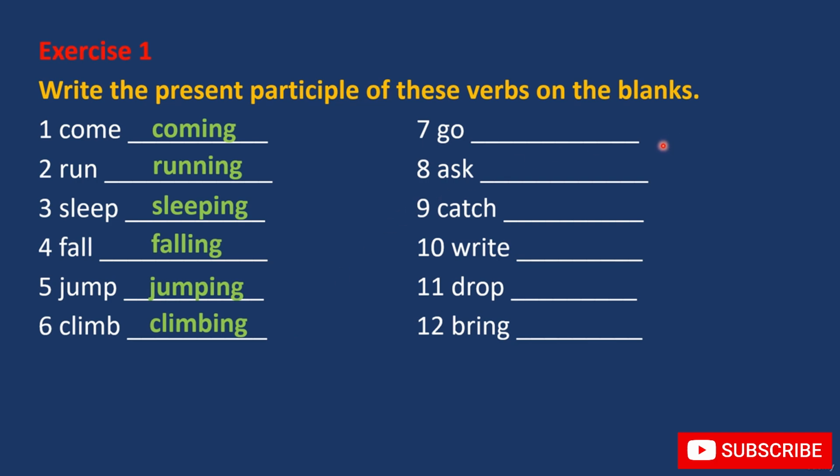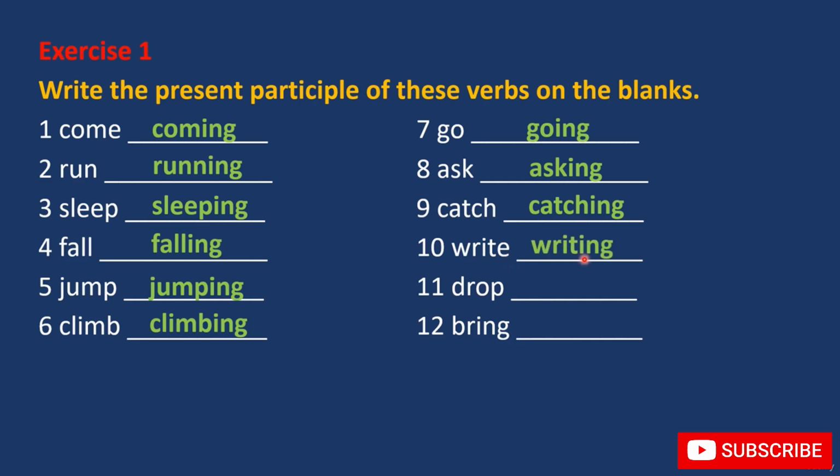What about go? Yes, only ing. So going. Ask. Asking. Catch. Catching, ing. Perfect. Right. Take care. Yes, excellent. Here we have e at the end of the verb, so we have to cross out e before we add ing.